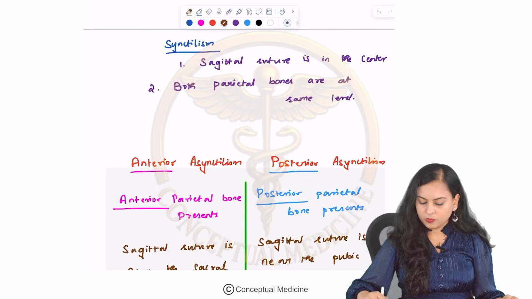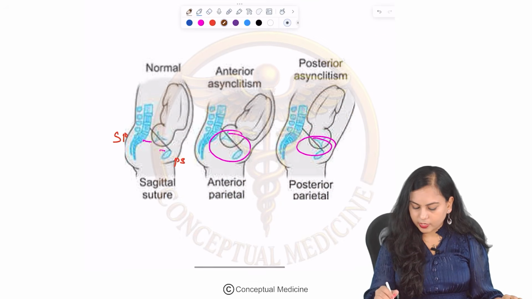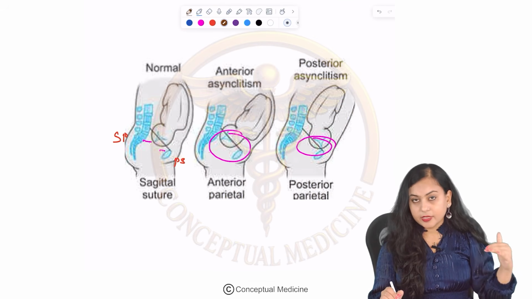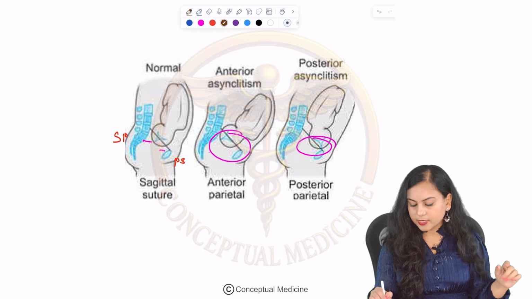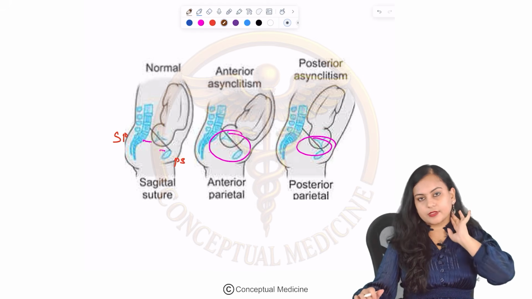Okay. So, just if you see this picture, you will be able to understand. In anterior asynclitism, the sagittal suture is going, the head is going towards the sacral promontory, whereas in posterior asynclitism, it is coming towards the pubic symphysis, right?